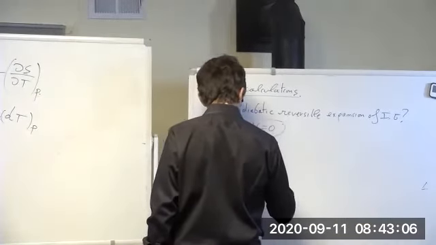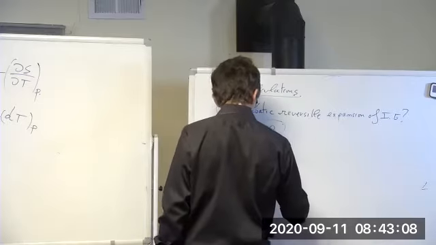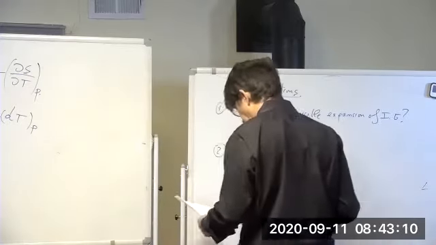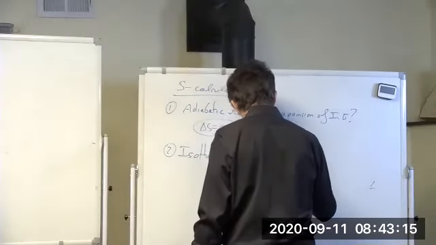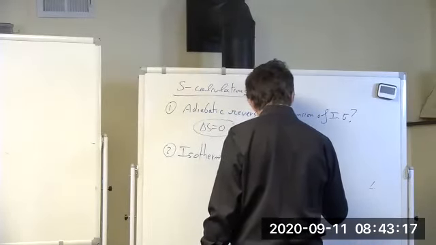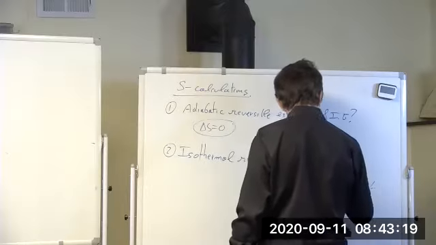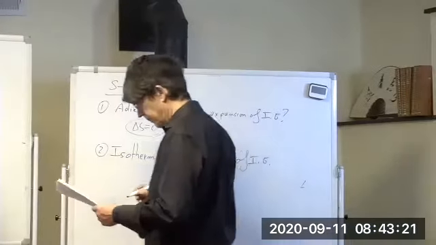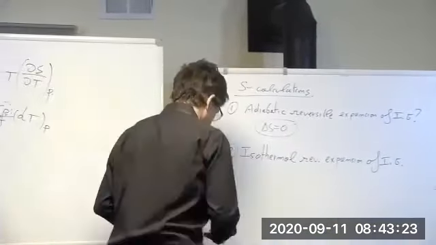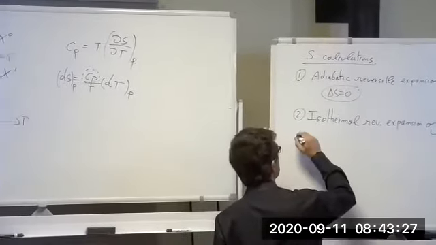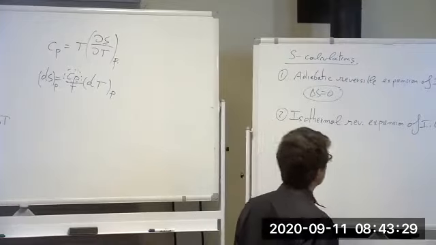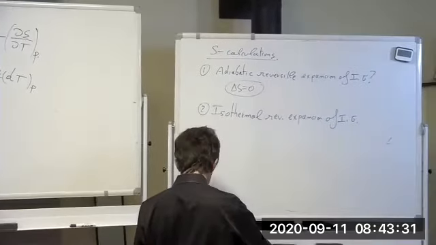Let's calculate the entropy change in an isothermal reversible expansion of an ideal gas. Okay, so let's figure out how to do that. This is not that easy, right?